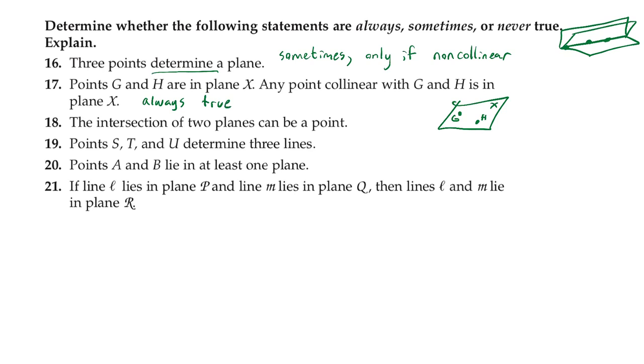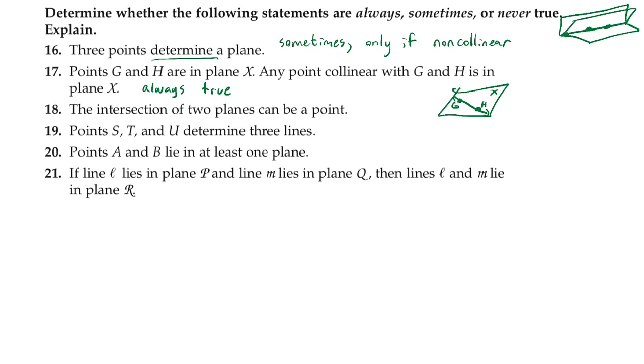If we draw this line, if the 2 points are on the plane, then the entire line is on this plane, right? You're trapped in those 2 dimensions. We're traveling from point G to point H inside that plane, and then we just keep going to infinity, but we're always inside that plane. So that's going to be always true. Notice we're not asked to prove or justify that yet. That's what the next 3 videos will be about.